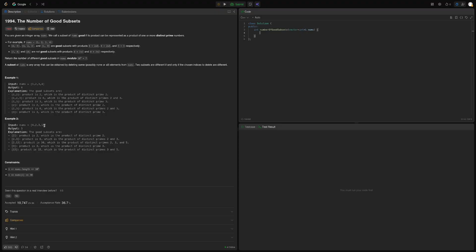So we say, okay, how many subsets are there from the first I elements that have these prime numbers? And actually, the subsets can have at most 10 numbers, which I don't know how that helps us, but okay. So now what are the transitions?